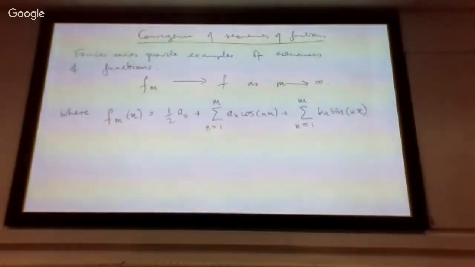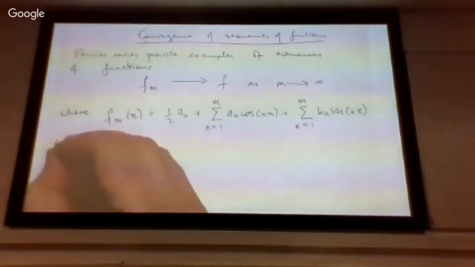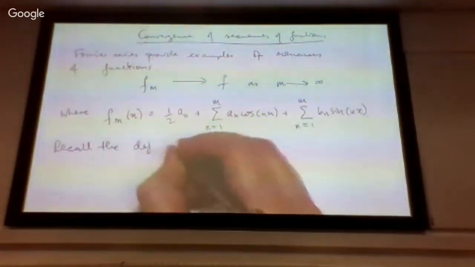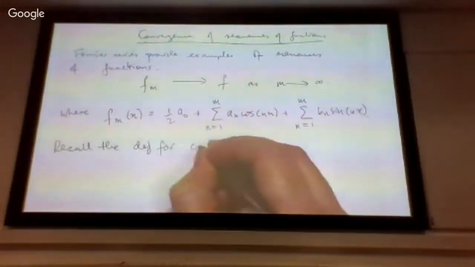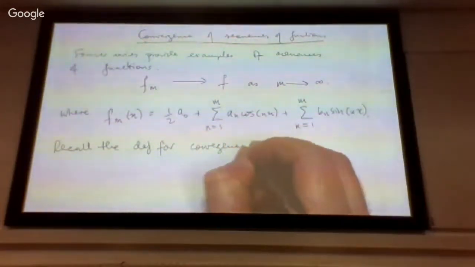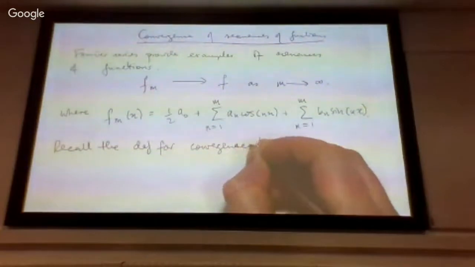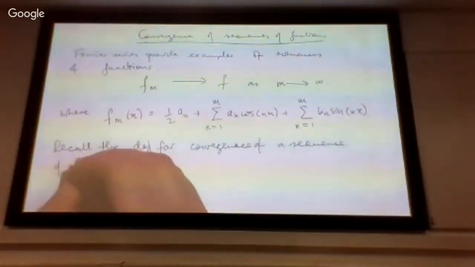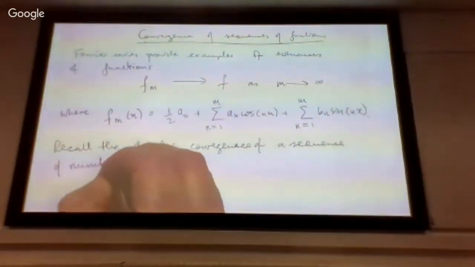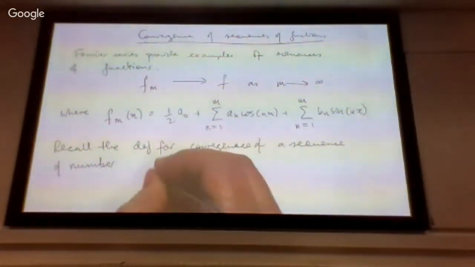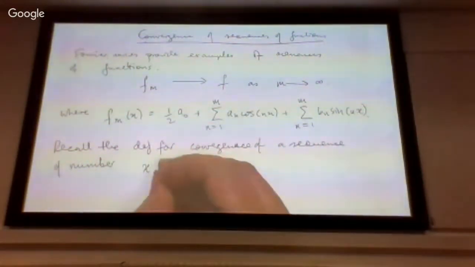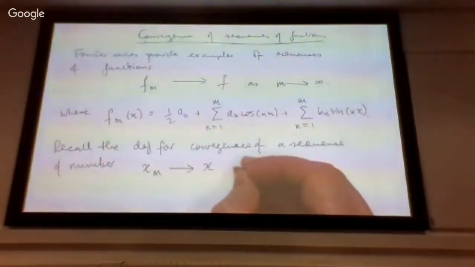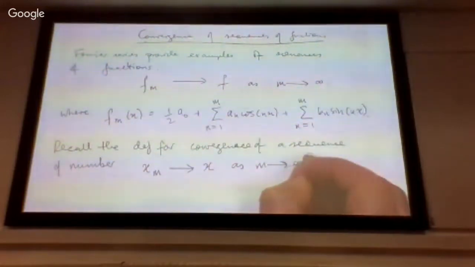Now, let me remind you of the definition from last year for convergence of a sequence of numbers. Say we had a sequence of numbers xn converging to some limit number x as n tends to infinity.